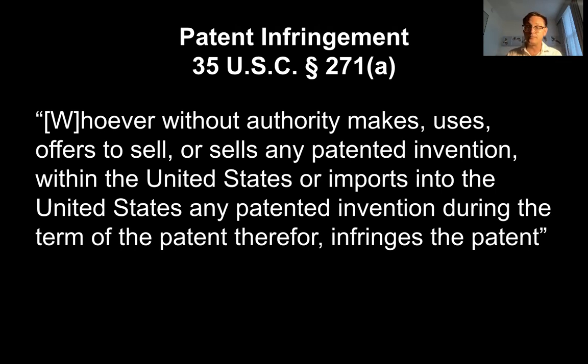But if that's true, then you can assert the patent against anyone in the world who is practicing it without your permission, even if they don't know that the patent exists, right? So patent infringement is a strict liability offense. If a patent exists, then it's presumed to be available to the public, and anyone practicing in that field of art has an obligation to know about the existence of that patent.